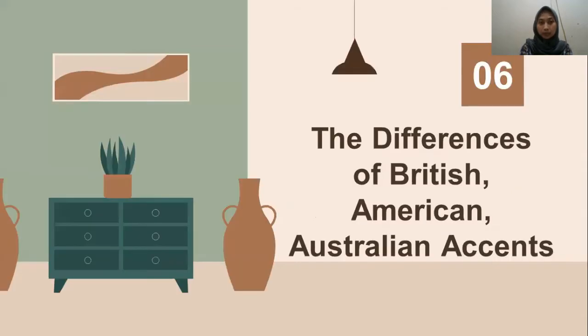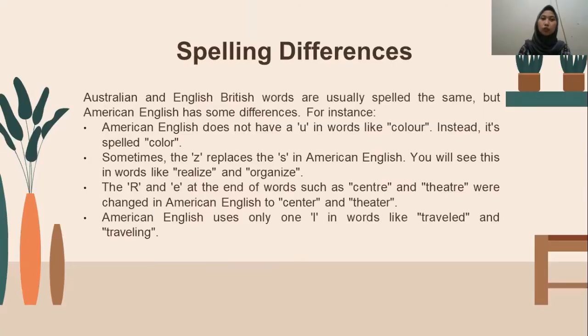Okay, so the next material is the differences of British, American, and Australian accents. The first one, we have the spelling differences.